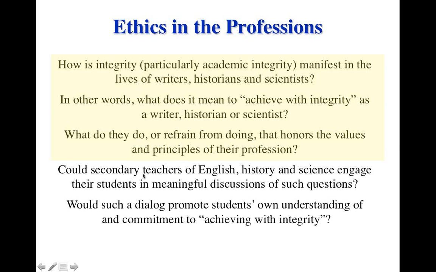I actually cut and pasted these questions. I formatted them differently, but these are from an early proposal that David and I wrote to get funding for this project.